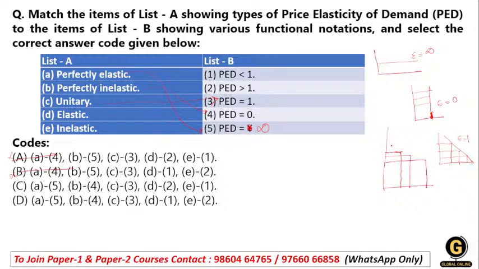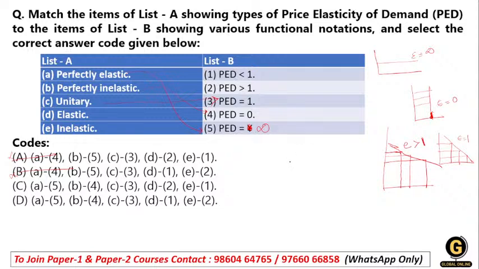When we draw this, this is your elasticity. You can see a huge difference in quantity for a change in price. That is your elasticity greater than 1. A small change in price gives a big change in the quantity demanded.